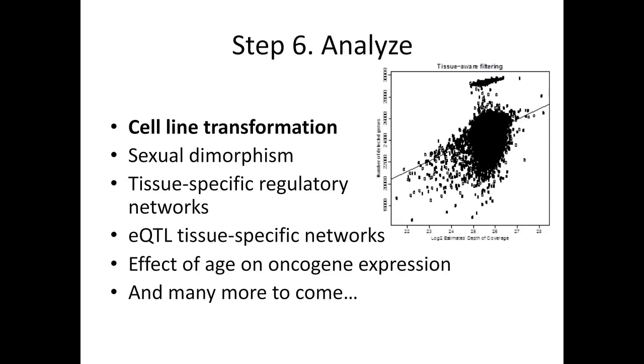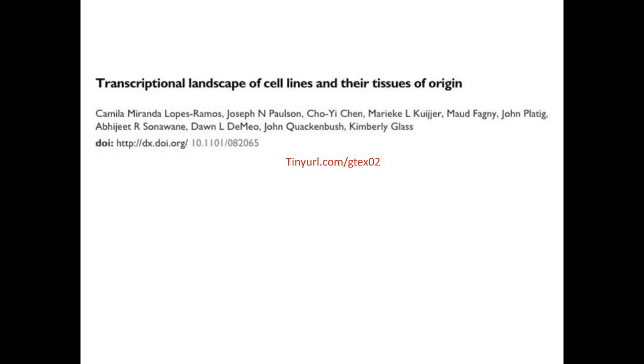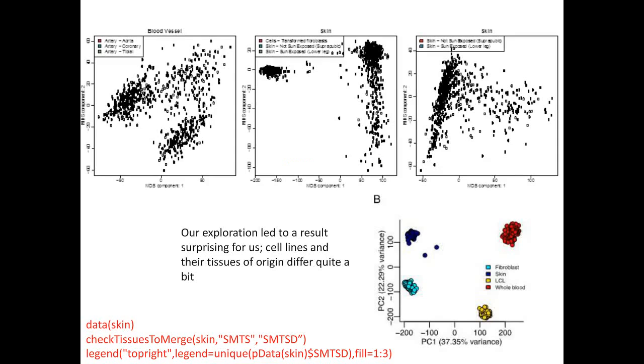I'll just briefly talk about one of them, the transcriptional landscape of cell lines and their tissues of origin. If you remember back to the PCA plot that I made over here, in the bottom right-hand corner, we have PC1 on the x-axis and PC2 on the y-axis. What we observed was that cell lines and the progenitor tissues are quite distinct from each other.